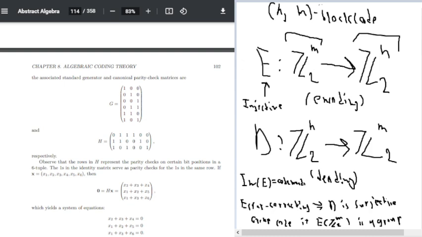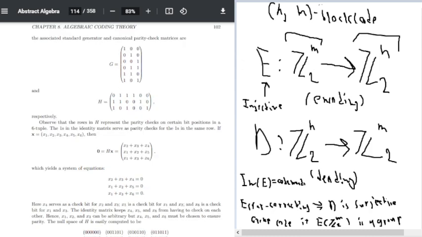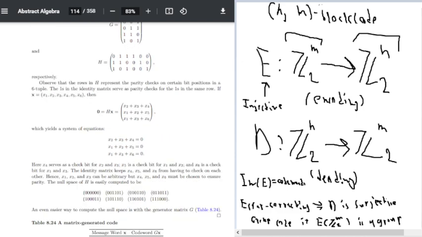Notice we have the identity matrix up here with these 3 rows, and then we have the matrix down here. And we have the matrices here with these being the standard 3x3 identity, respectively. Observe that the rows in H represent the parity checks on certain bit positions in a 6 tuple.